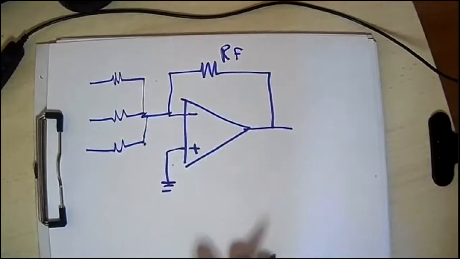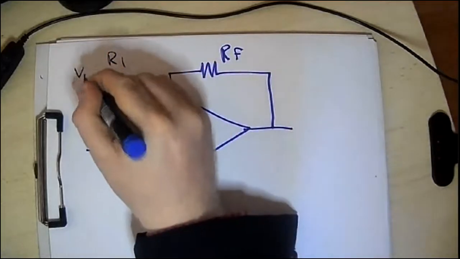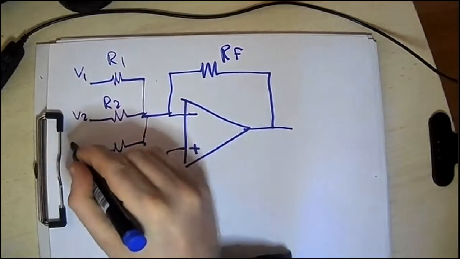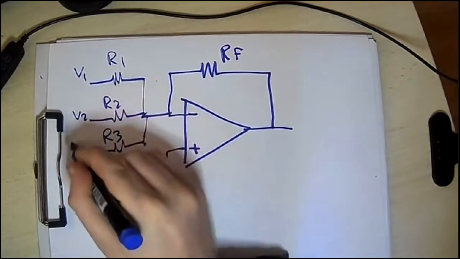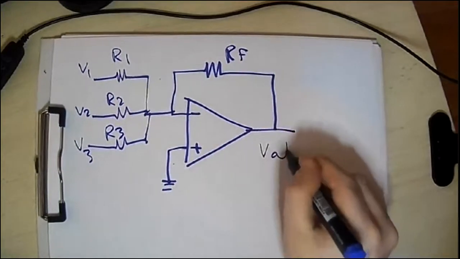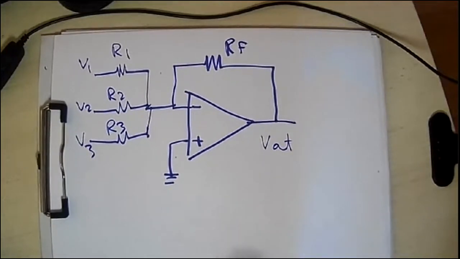So let's make it 3 for that. So this is R1, and this is V1. This is R2, and this is V2, and this is R3, and this is V3. So this is the circuit. Again, this is the output. And as usual, we are assuming an ideal operational amplifier.